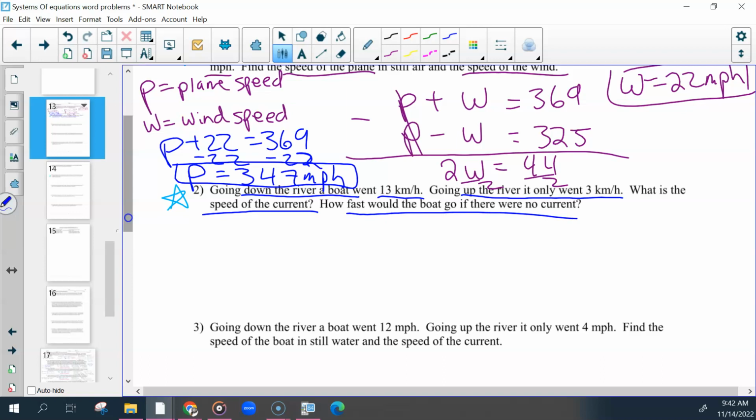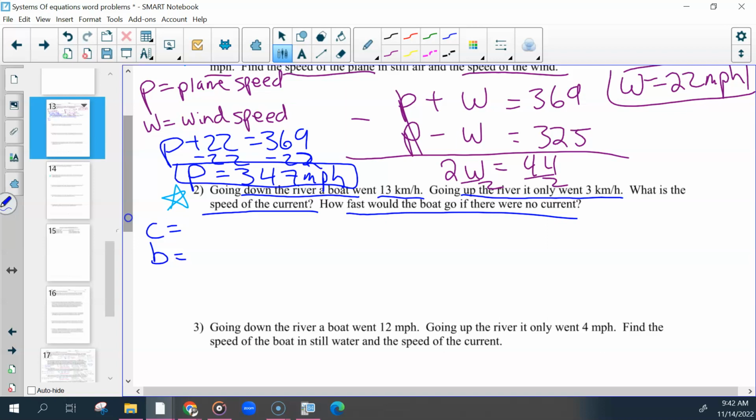So if I wanted to define those variables, I could say C and B, X and Y, it does not matter. Try not to confuse this wording. Think about what it's actually asking.